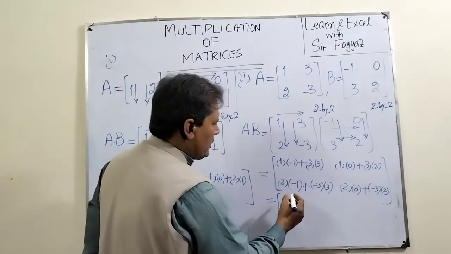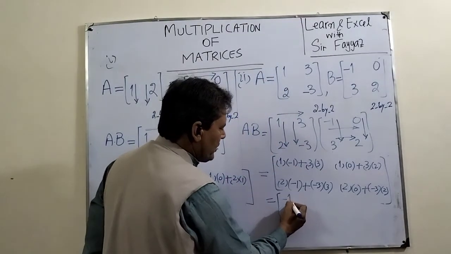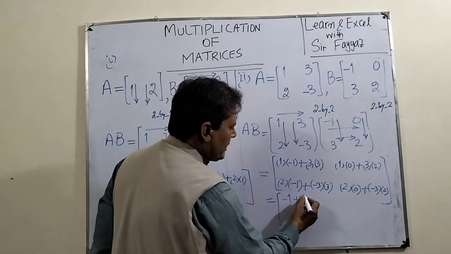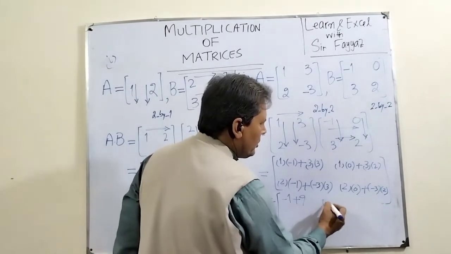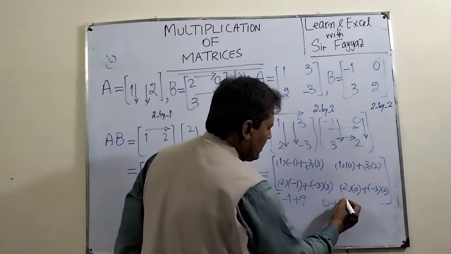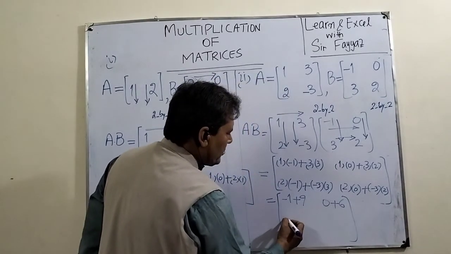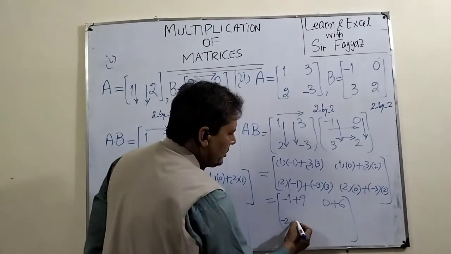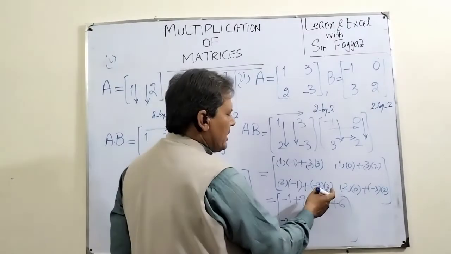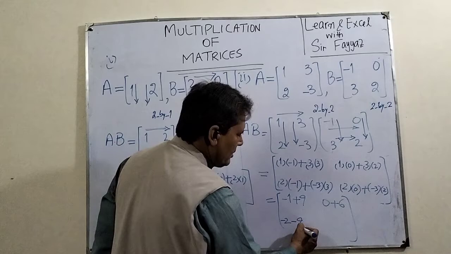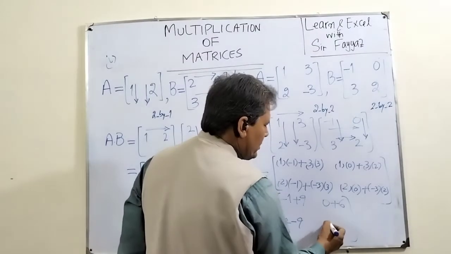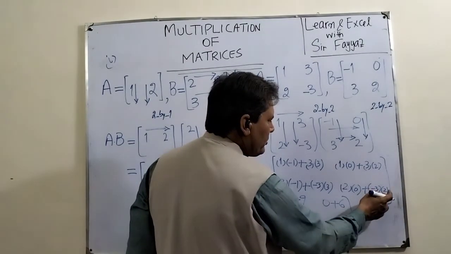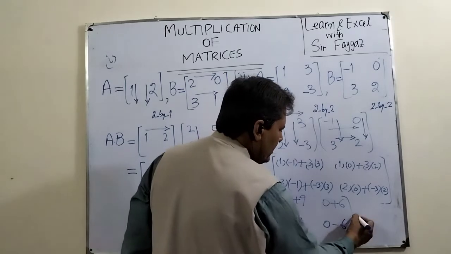We solve it. 1 times minus 1 is minus 1, plus 3 times 3 is 9. 1 times 0 is 0, plus 3 times 2 is 6. And 2 times minus 1 is equal to minus 2, then minus 3 times 3, minus 9. 2 times 0 is 0, and minus 3 times 2 is minus 6.